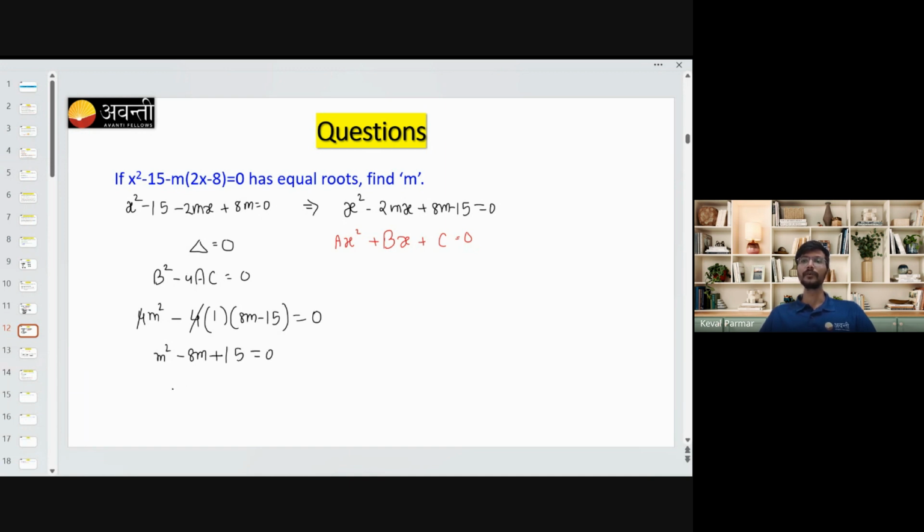What are the roots? Okay, Bhaskar, you are back. So, yeah, Bhaskar, tell me, what are the roots of this quadratic that we got? Bhaskar, are you able to hear me now? What are the roots of the quadratic that we got? M square minus 15 plus 8. Come on, it's not that difficult.